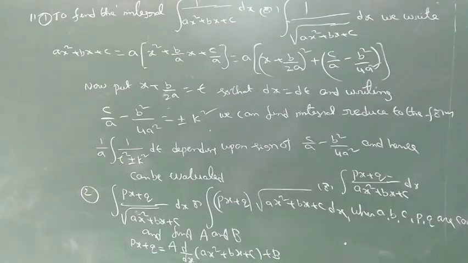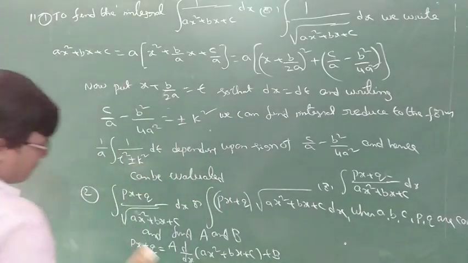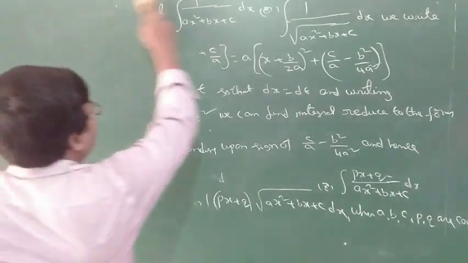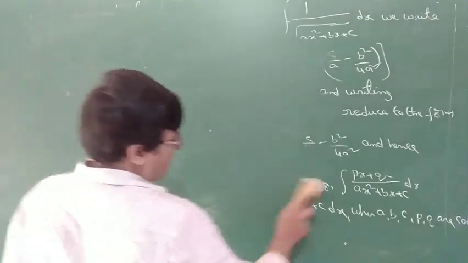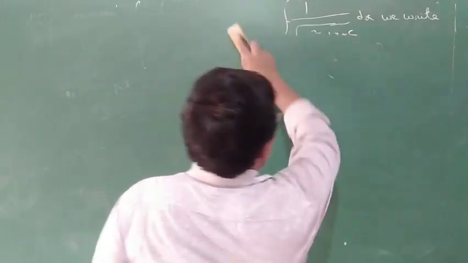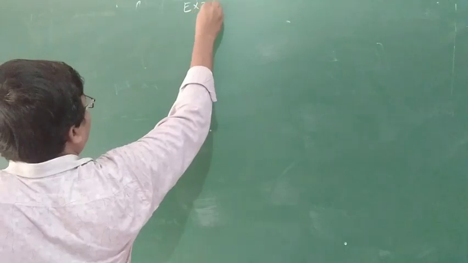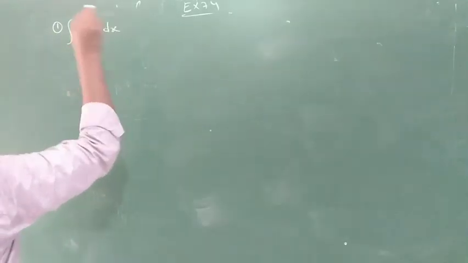Exercise 7.4. Integral 3x square by 1 plus x power 6 dx.